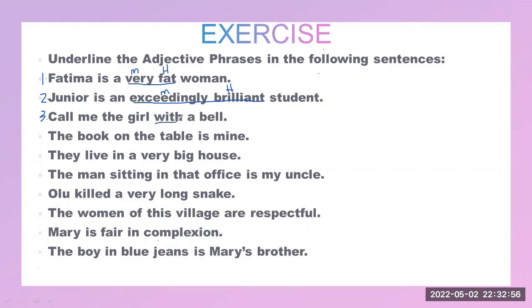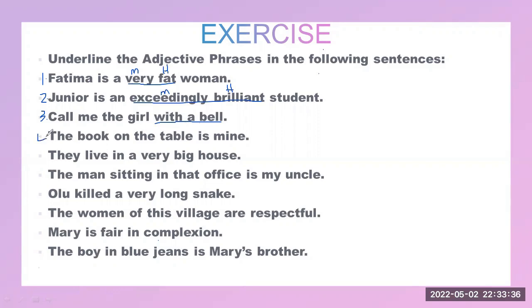So the adjective phrase is with a bell. This is actually a prepositional phrase that forms an adjective phrase. How do we know it's an adjective phrase? It's because it describes the noun girl. If I say, call me the girl, you are likely to ask me which girl, and to describe the girl I'm talking about, I will specify that it is the girl with a bell.